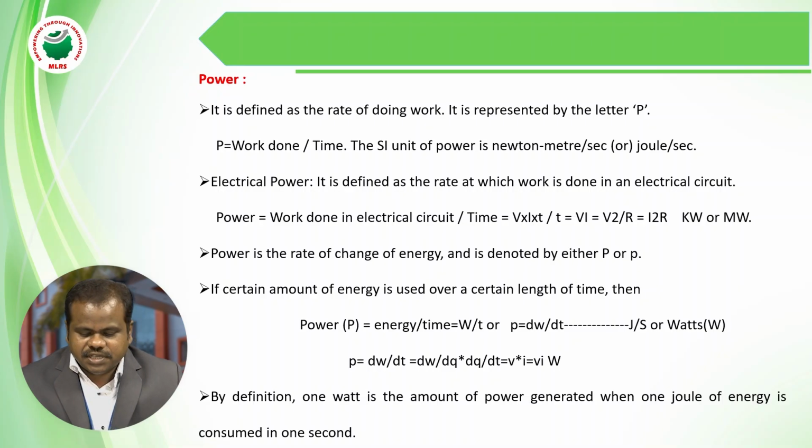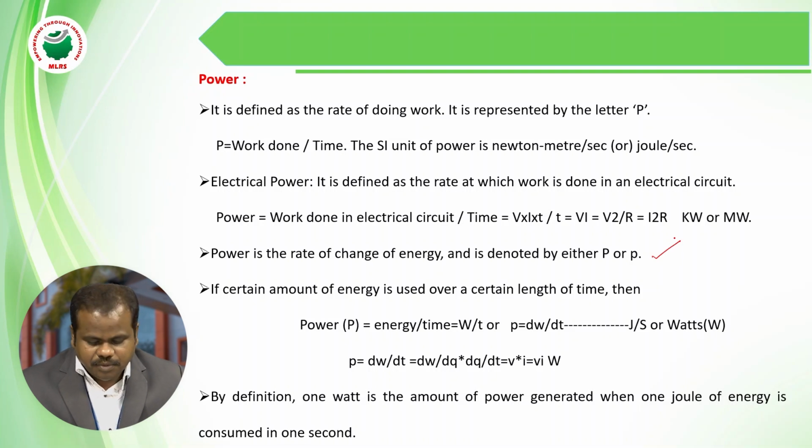Power is the rate of change of energy and is denoted by either P or small p. If a certain amount of energy is used over a certain length of time, then P is equal to energy by time, so P is equal to W by T. The term W by T can also be represented as dW by dQ into dQ by dt, by simply multiplying and dividing dW by dt by dQ.